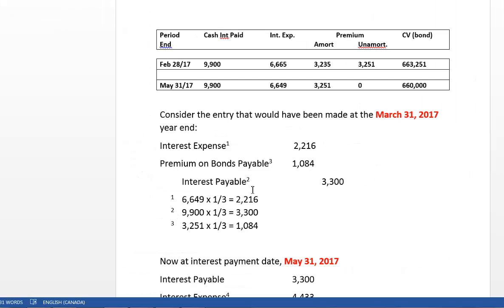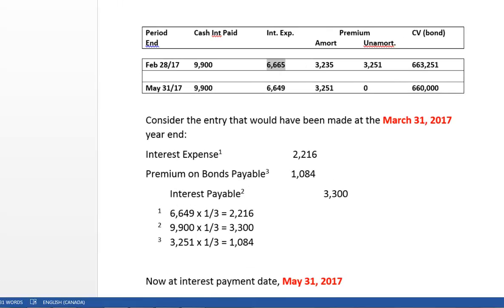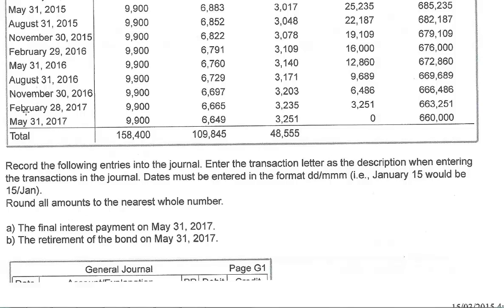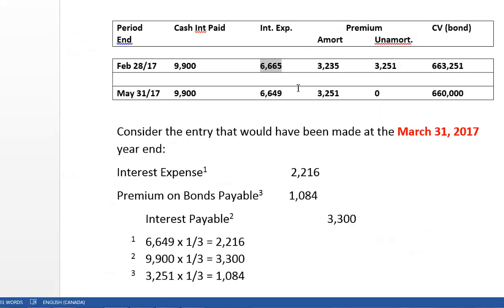So I've got a little sheet here which pulls out these last two rows of your table, and we can work with that separately. So we can see that we have cash interest that we paid, and again, you might not remember how we got that.